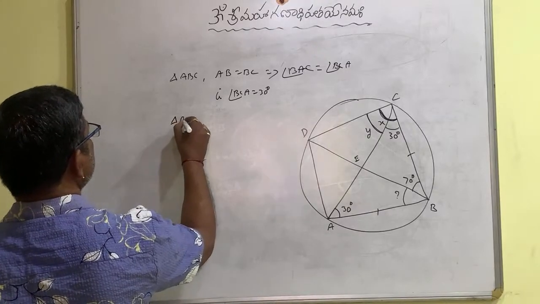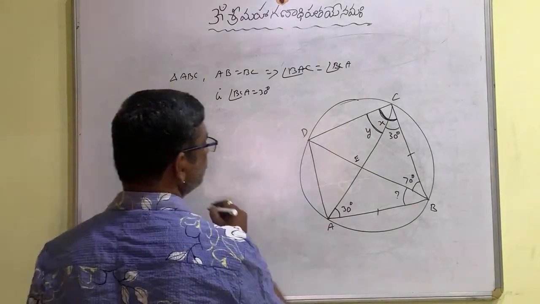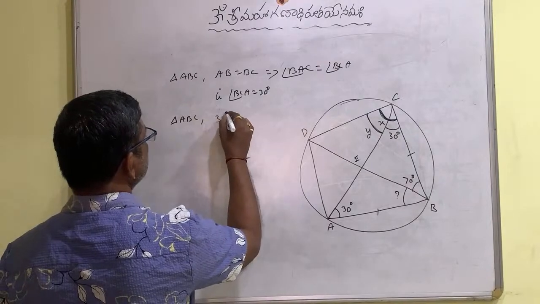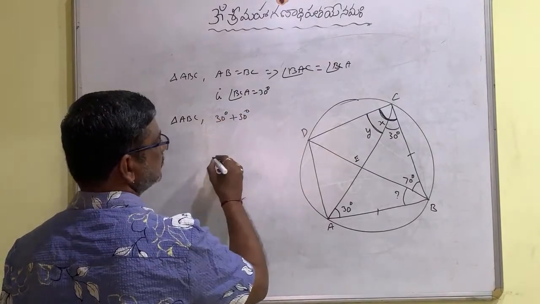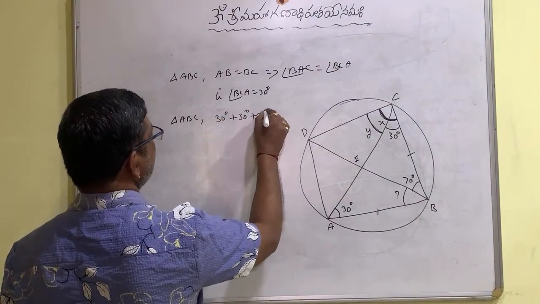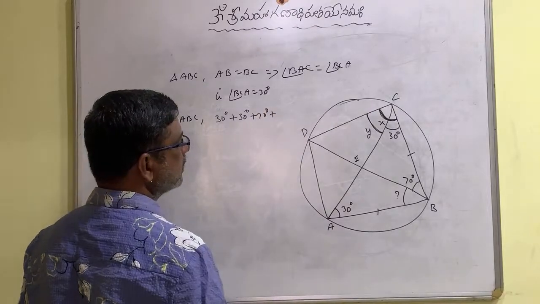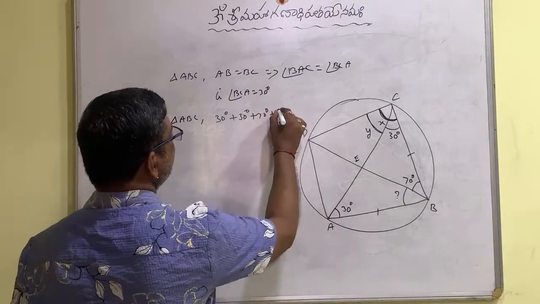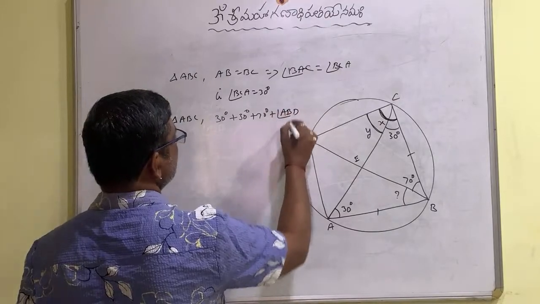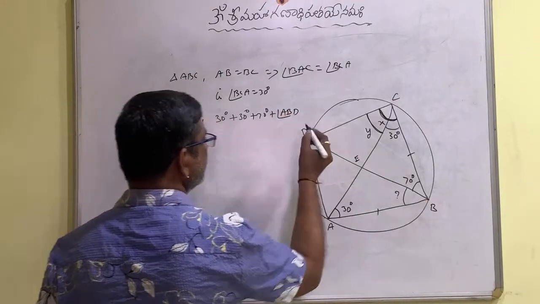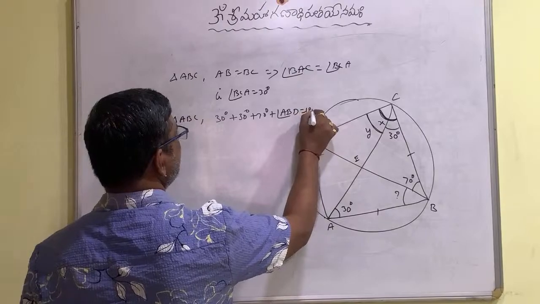In triangle ABC, 30 degrees plus 30 degrees plus 70 degrees plus angle ABD is 180.